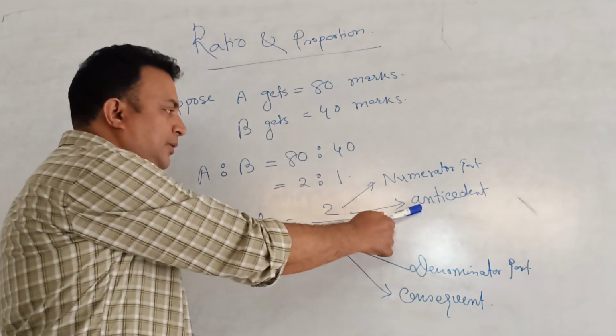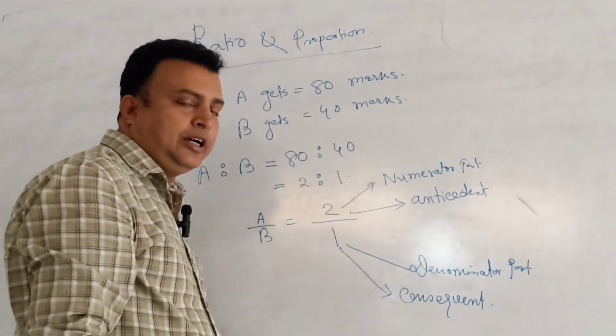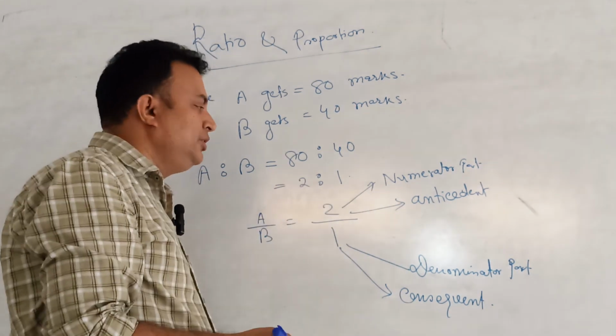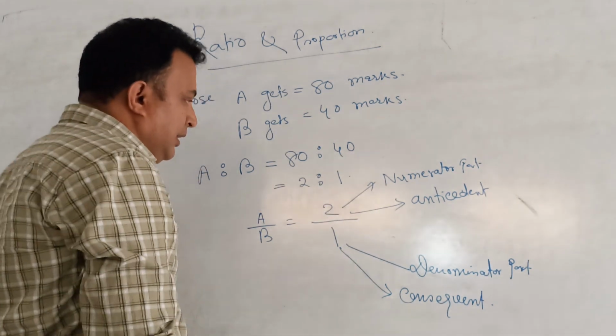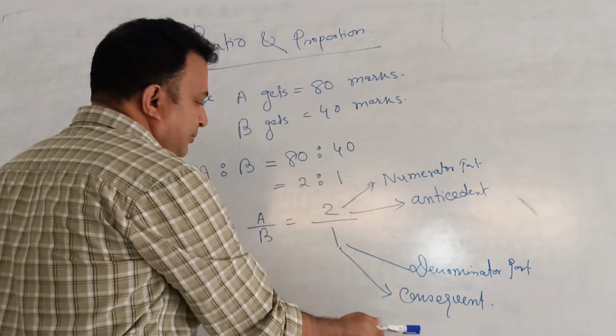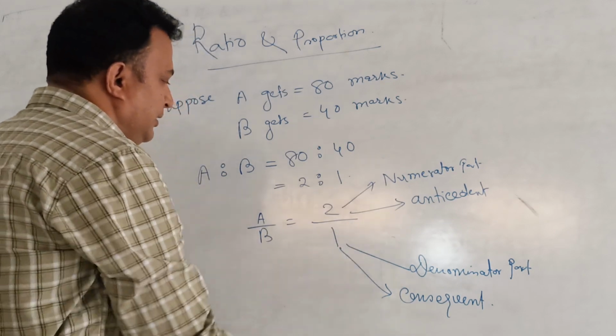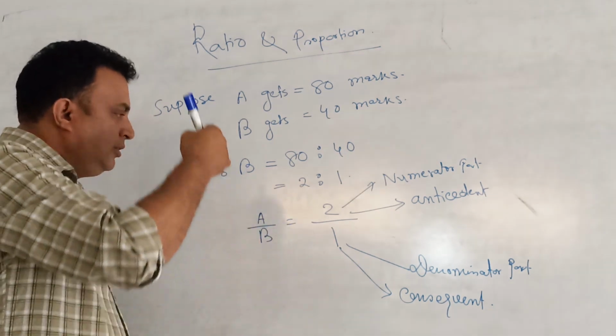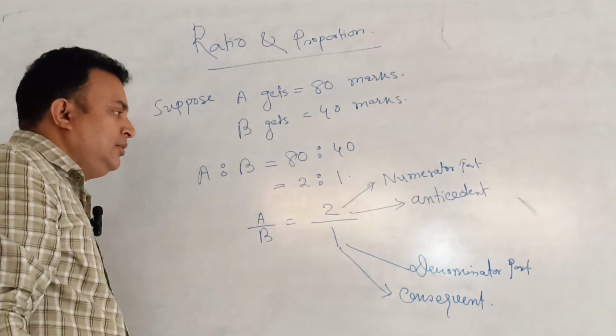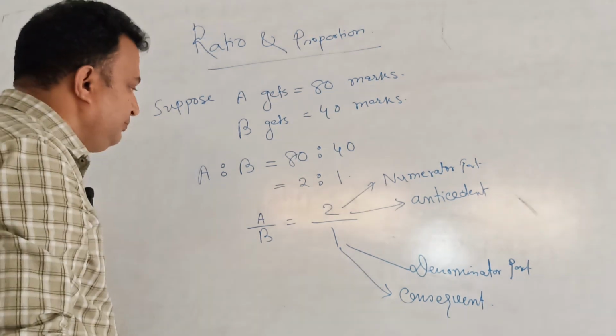If the antecedent part is greater than the consequent part, then that ratio is called the greater ratio. And on the other hand, if consequent part is greater than the antecedent part, then it is called the lesser ratio.